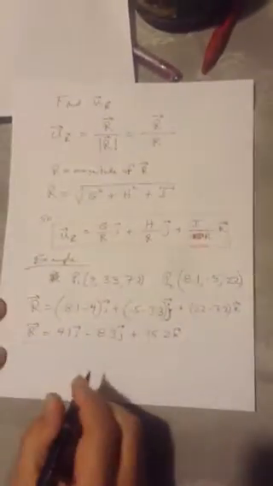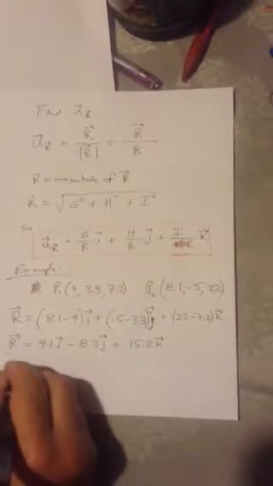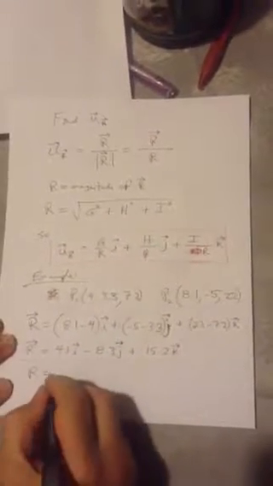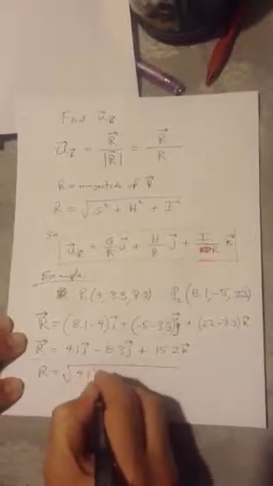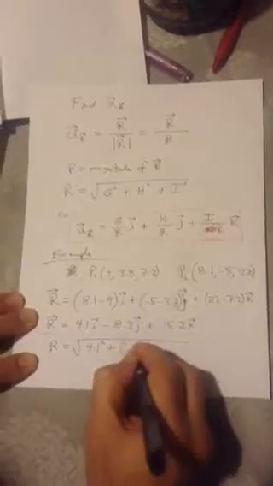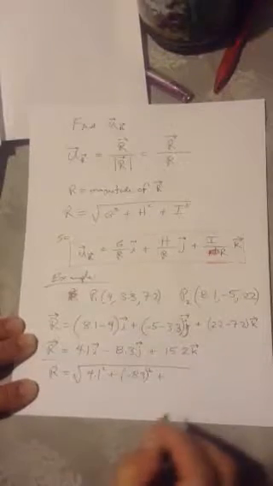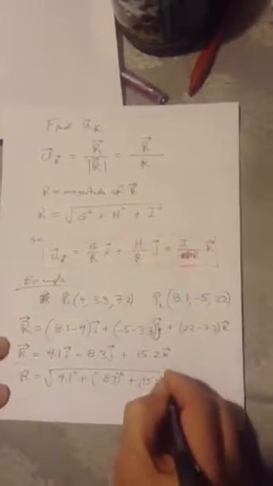Now we need to find R, the magnitude of vector R, which is the square root of 4.1 squared plus negative 8.3 squared plus 14.8 squared.